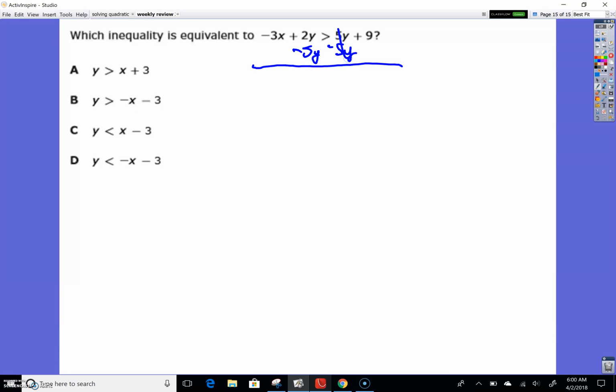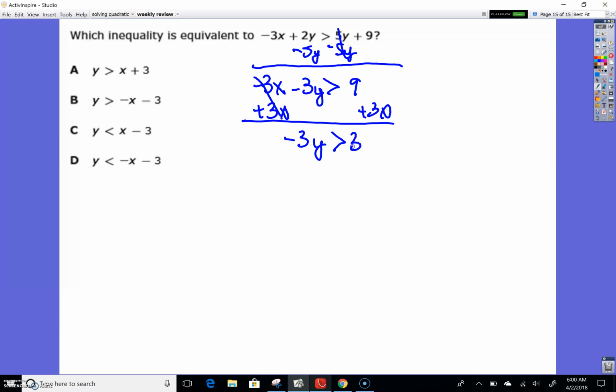And I have negative 3y, negative 3x, 9. So I add 3x. So I have negative 3y is greater than 3x plus 9, divided by negative 3. So y is, we have to switch the sign here because we're dividing by negative, x minus 3.